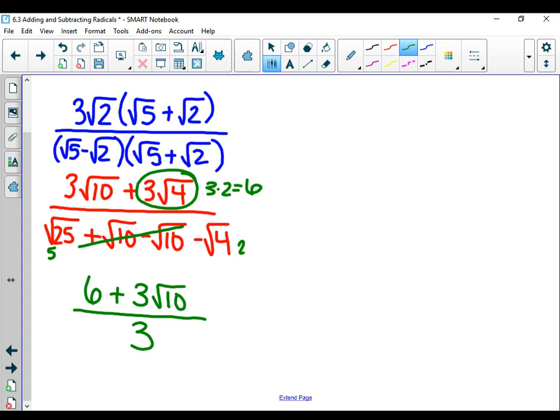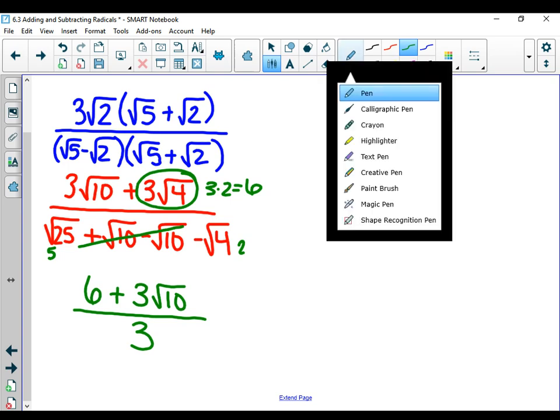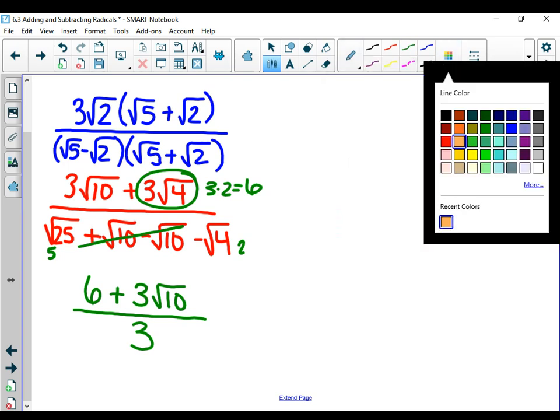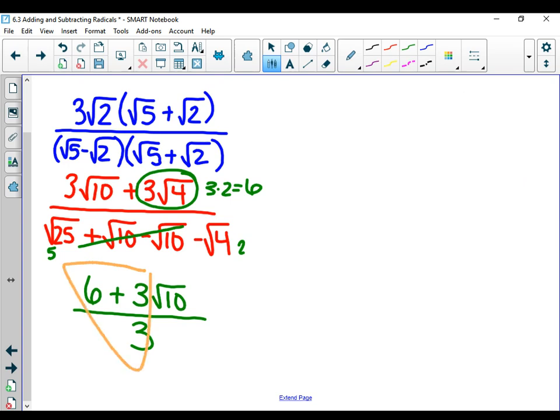And yes, the Dorito chip still lives here. Still happening. Okay? So then they are all divisible by 3. So let's divide them by 3. So I should have gotten 2 plus the square root of 10. If I can reduce the square root of 10, the expectation is that you do that, but you can't. So that is your final answer there.